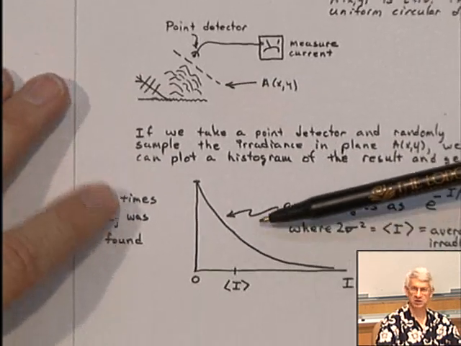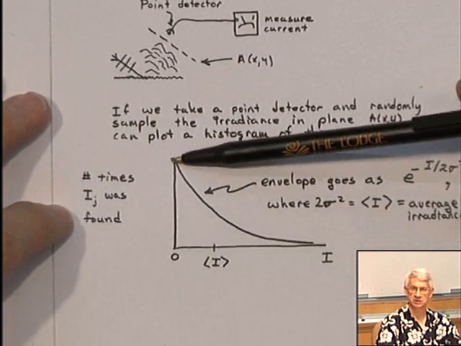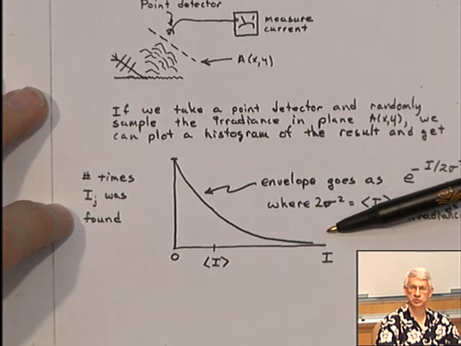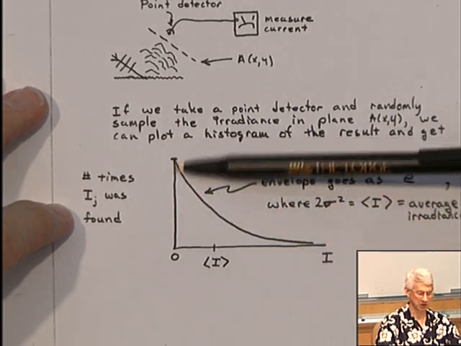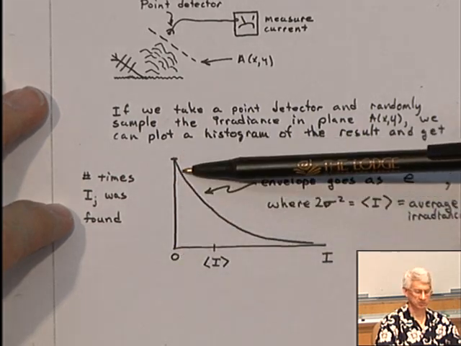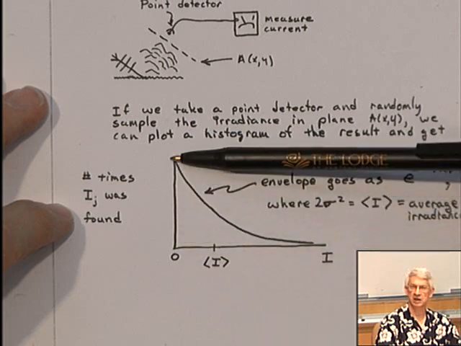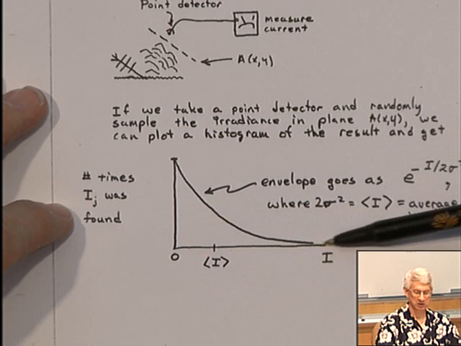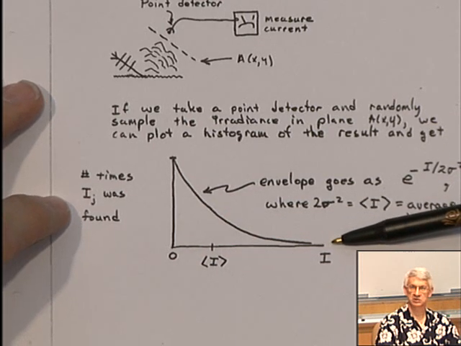Well, if we histogram those irradiance values, we come up with an exponentially decaying distribution like this, where the vertical axis represents the number of times that we found that irradiance value, and the horizontal axis represents the magnitude of the irradiance.